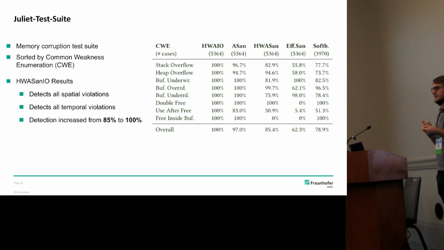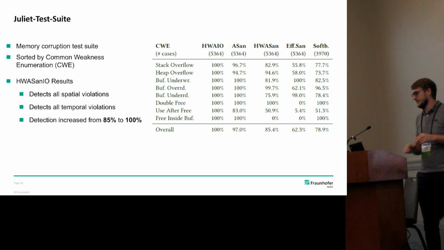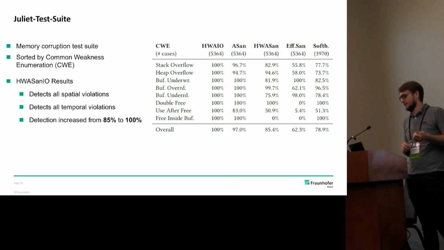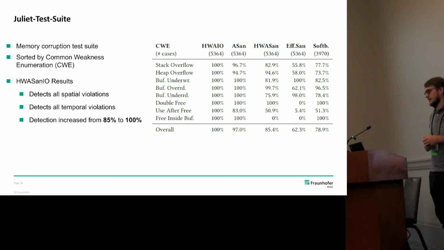So what we did is we added a check that when a new object is allocated, it has to have a different tag value than the object before and after. So that's the difference to the 100%. And as you can see, we also improved the temporal detection, so the use after free, for example.